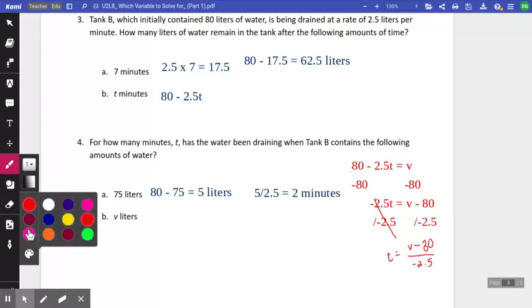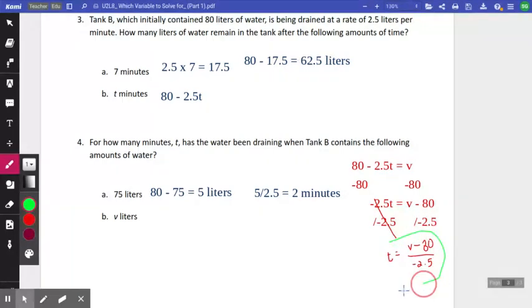Looking at this first equation here, if I were to ask you, if 10 minutes have gone by, how much water is in the tank? If I give you the time and I'm asking you for the water, which one of these would be more helpful? Well, the equation that's set up to equal the liters of water would be more helpful.